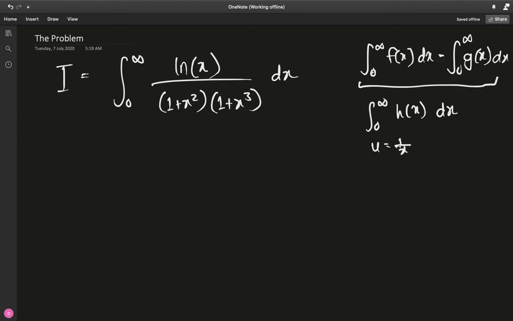This works because it's some sort of symmetry substitution, but it's specific for infinity, because in the limit as x tends to infinity, 1 over x goes to 0, and then 1 over 0 will be infinity.